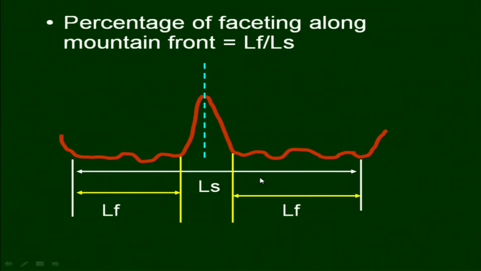If you measure the distance between the left front and the right front, and then the area which is eroded in between, that will give you the percentage of faceting along the mountain front. This data can be generated where you have marked the mountain fronts. The same data you can use to calculate the percentage of faceting along the front.